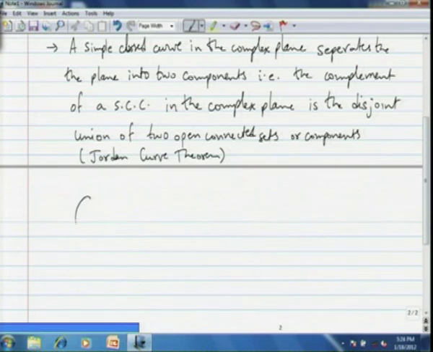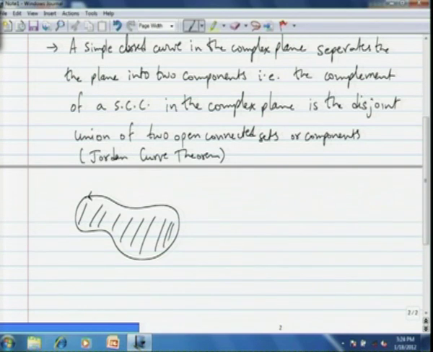A simple minded example is a simple closed curve or a trace of it, with some direction, let us say. Then the complement of this curve is that portion, and then outside of that portion. So, this is region 1, region 2. So, the disjoint union of 1 and 2 is the complement. If I call this curve gamma, it is C minus gamma.